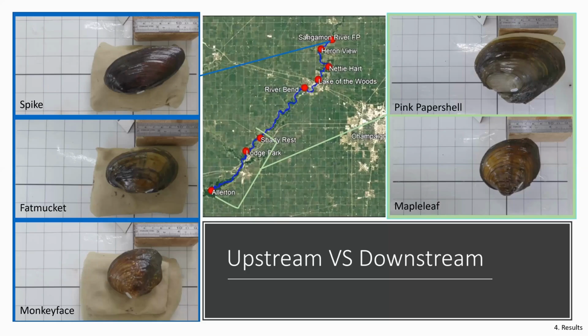And for those sites, in the upstream site, the Sangamon River Forest Preserve, there were 3 species that we found that were not found at any of the other sites. So that includes the spike, the fat mucket, and the monkey face. And then for the bottom 3 most downstream sites, there were 2 species that were not found in any of the other sites that were upstream. And that is the pink paper shell and the maple leaf.